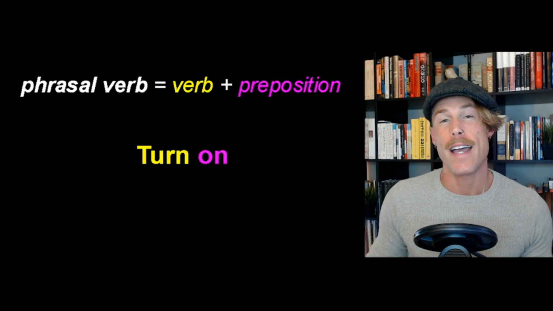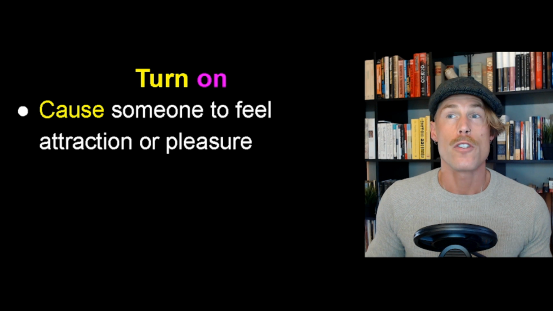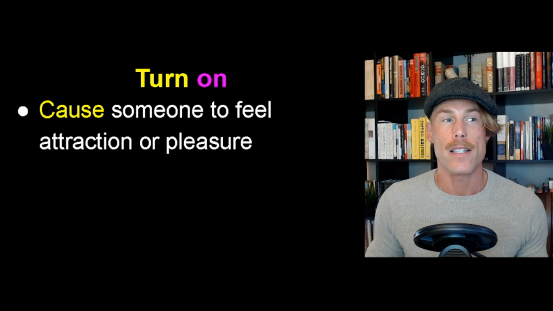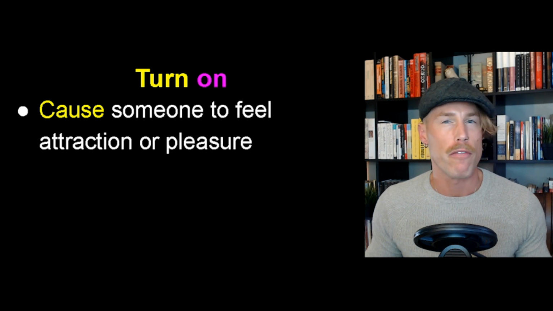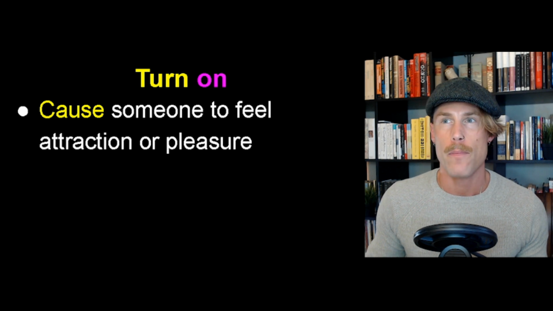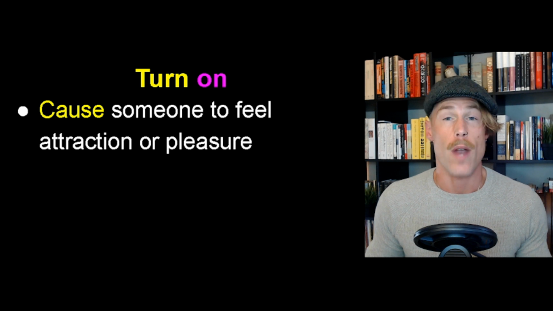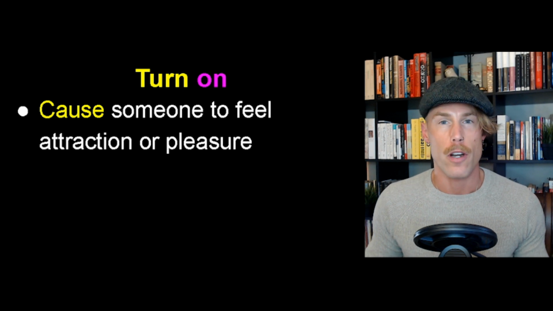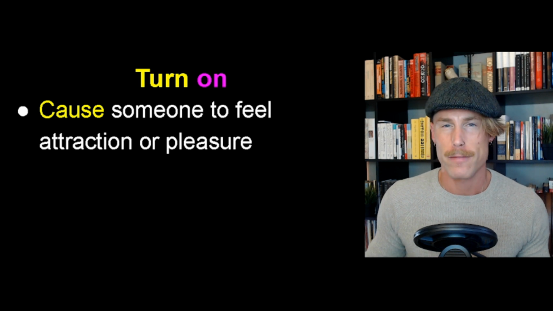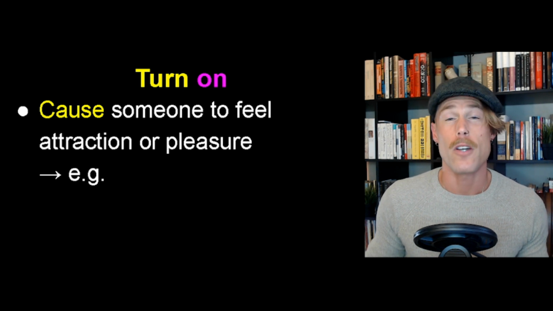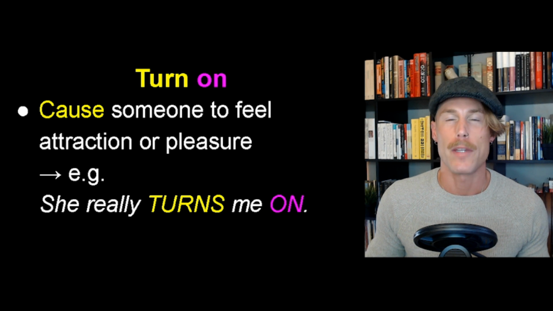Okay, the next phrasal verb, turn on. Turn on has a bit of an informal or slang meaning. Turn on means cause someone to feel attraction or pleasure. This is usually in a sexual way, okay? So, the example, I'm going to keep it PG-13.